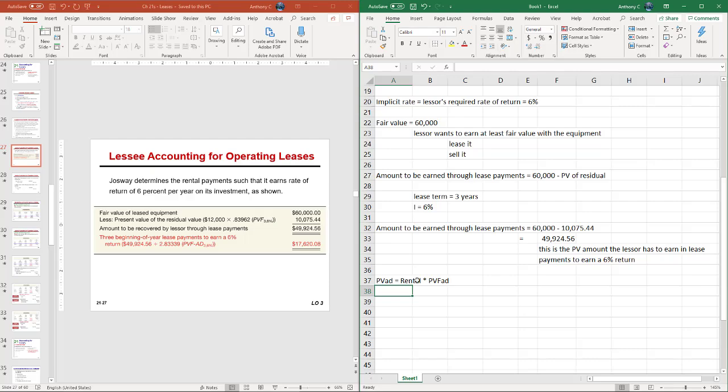The present value of the annuity due is what we just figured out, $49,924.56. We're trying to solve for the rental payments, and we'll just multiply that by the present value factor. Again, in this case, n is equal to 3, i is equal to 6%, so we can look up the present value factor.